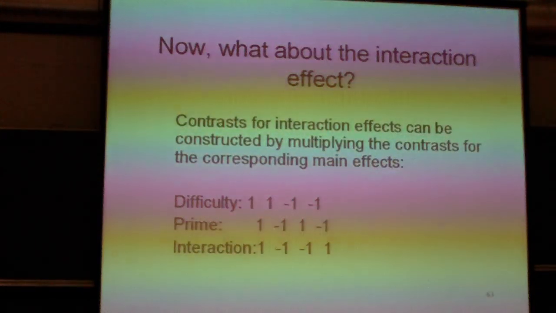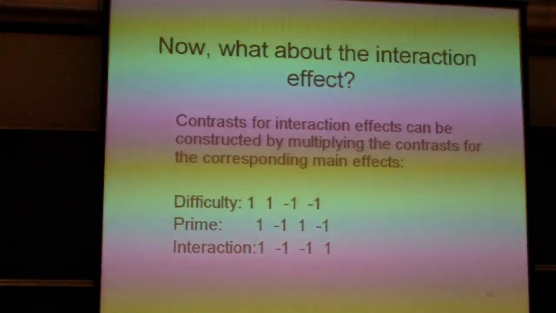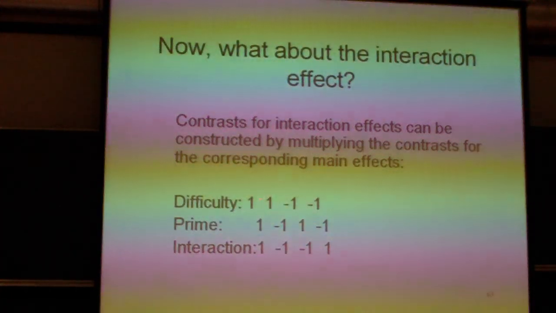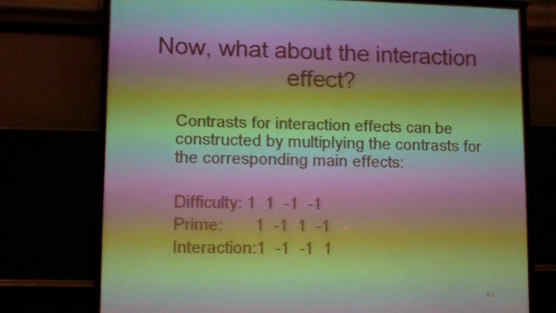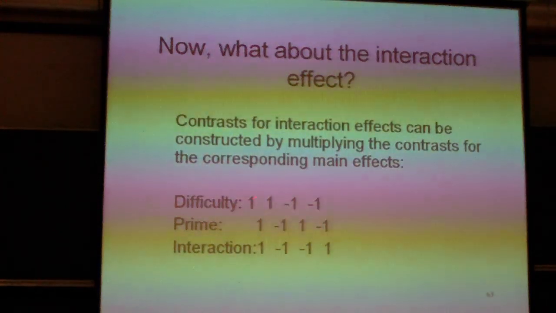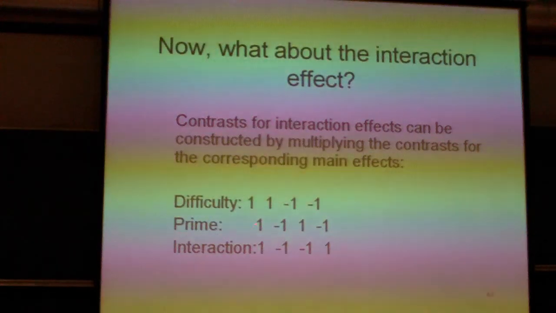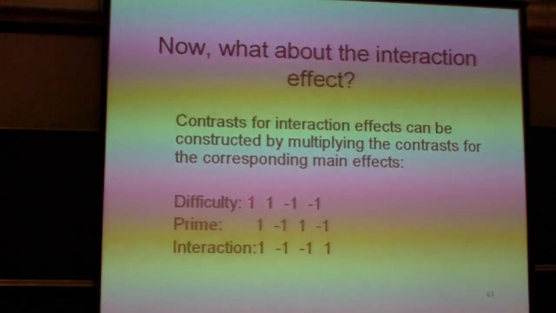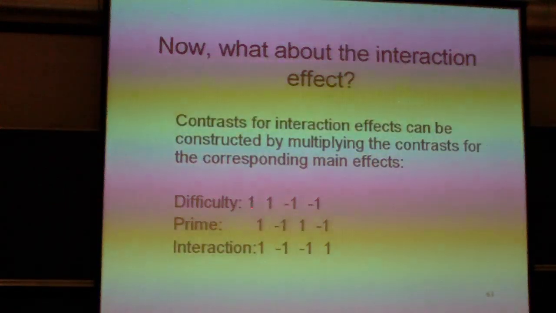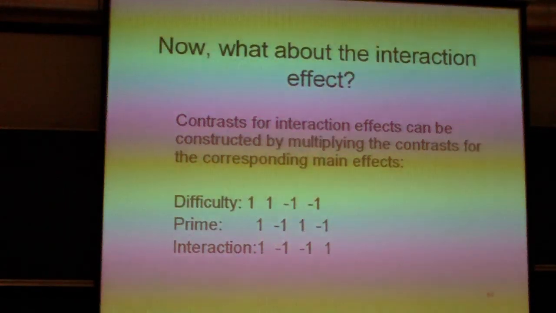Now, the interaction effect can be simply constructed. If you want a contrast for an interaction effect, you can construct that by multiplying the corresponding contrast coefficients. So for the first group, for the difficulty contrast we have plus 1, for the prime contrast also plus 1, so the product of these two is plus 1.